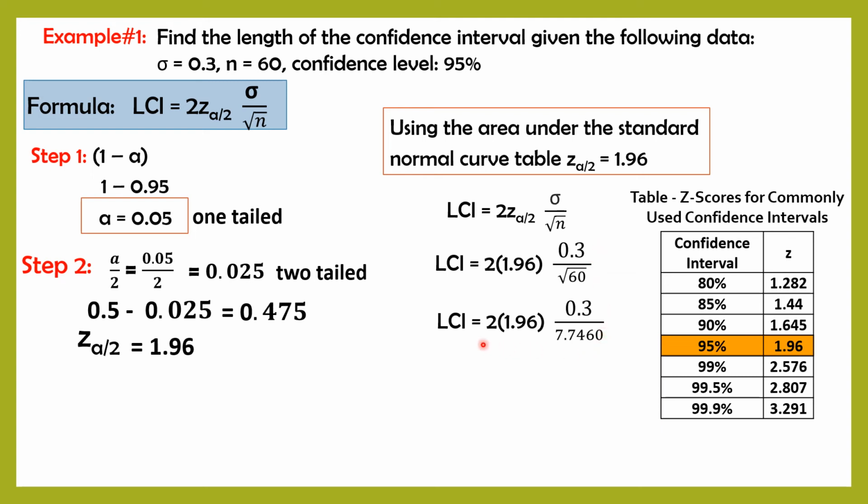So, we will have now 2 times 1.96 times 0.3 over 7.7460. That is the square root of 60. And then, we can divide. Multiply these two, that is 3.92. Then, when we divide these two, that is 0.0387. Then we multiply. Therefore, our LCI is equal to 0.1518.